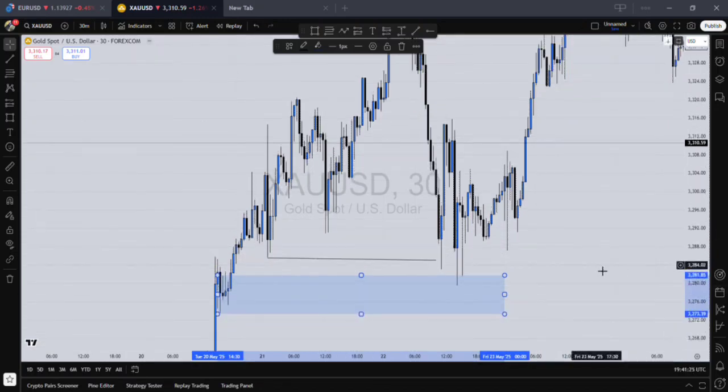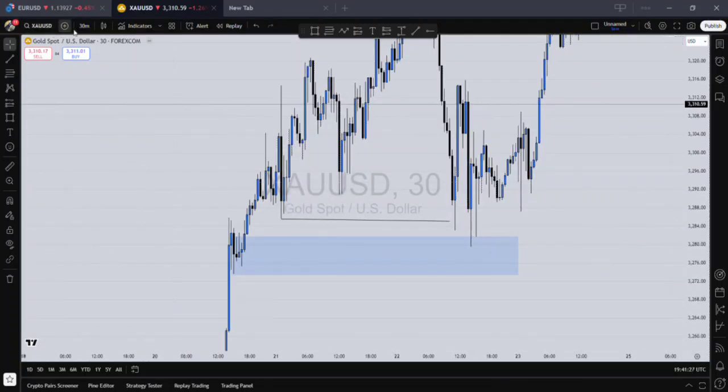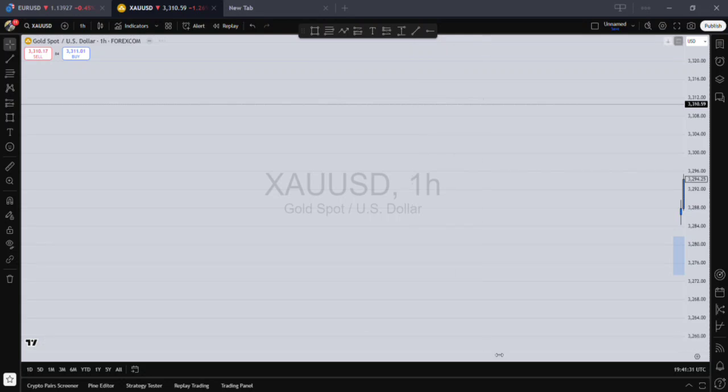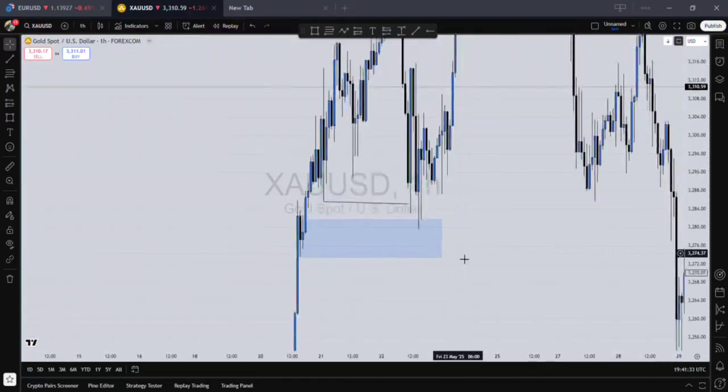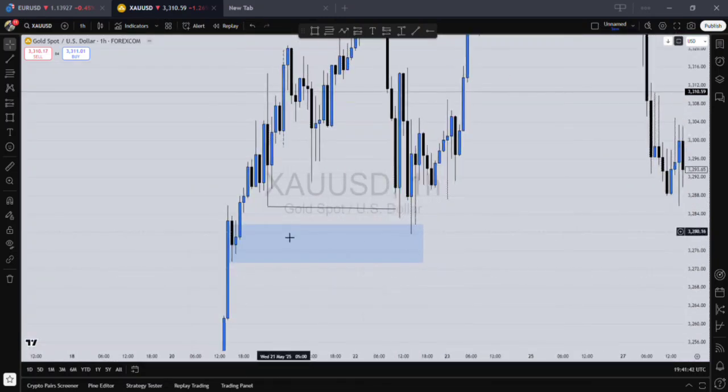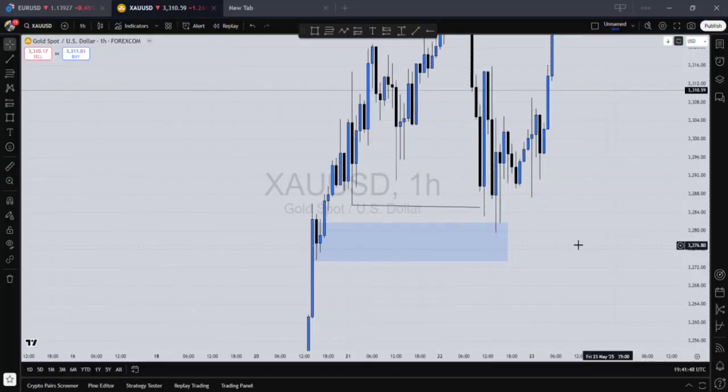Though in 30 minutes the fair value gap is not obvious. I think it is obvious in 1 hour, okay, it's 1 hour. And then the order block is not obvious now in. So you should not limit yourself to one time frame. In 30 minutes, the order block is valid, but in 1 hour, it doesn't look like an order block.